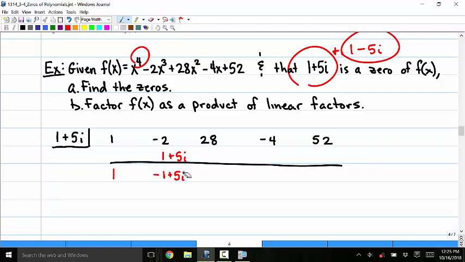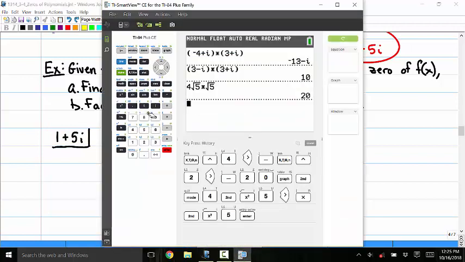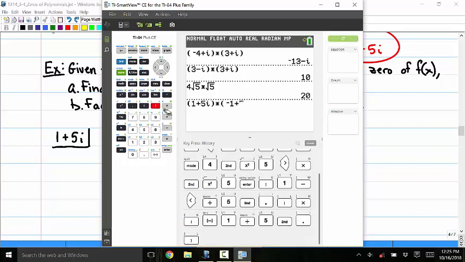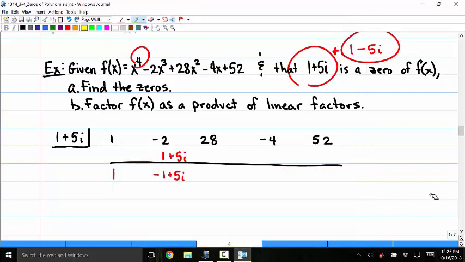Then I'm going to jump over to my calculator because I don't like multiplying complex numbers by hand. I need to do 1 plus 5i times negative 1 plus 5i, which is negative 26.